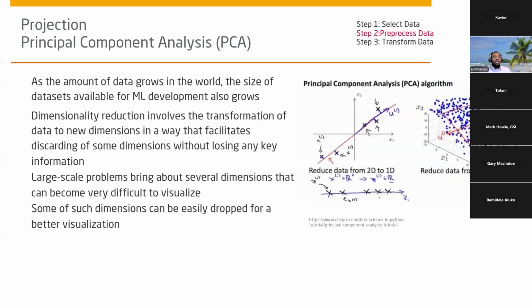And there is PCA as well. One thing about PCA is that, as you have a lot of data sets, it's very important to ensure that you have a way of discarding some dimensions in such a way that you don't lose key information. And that's what PCA does. The model itself will choose those dimensions that contribute most to your analysis.